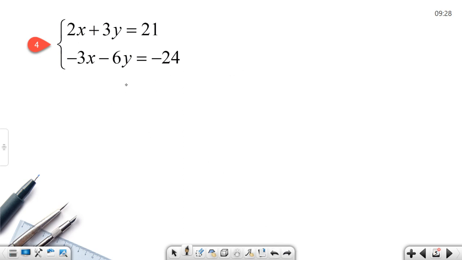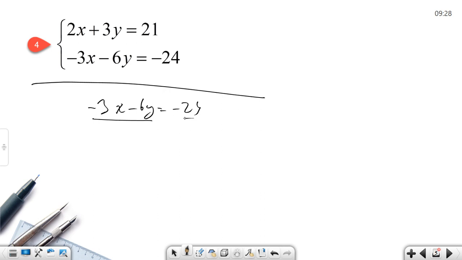Let's write the equation here first: minus 3x minus 6y equals minus 24. If you divide both sides by negative 3, negative 3x becomes positive x. Negative 6y divided by negative 3 becomes positive 2y. Negative 24 divided by negative 3 is positive 8. So I get that one.